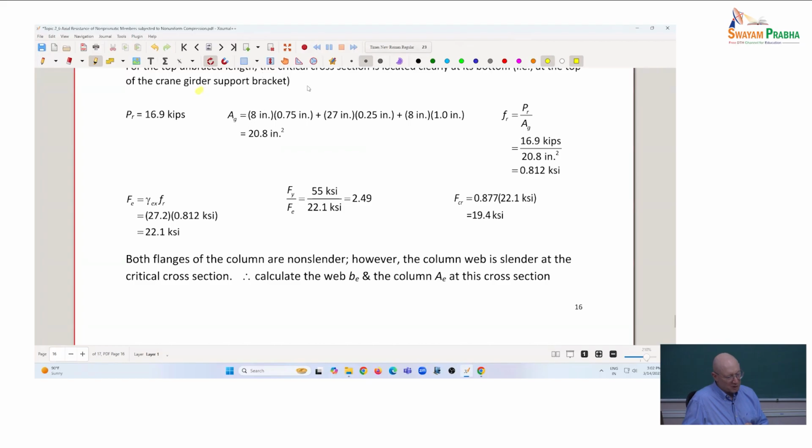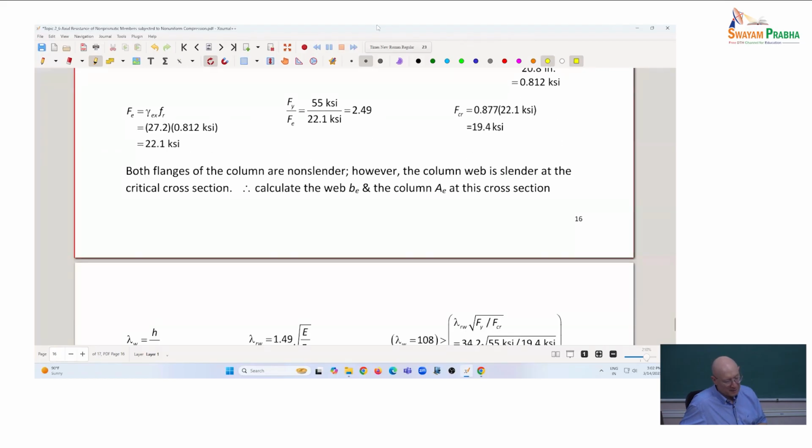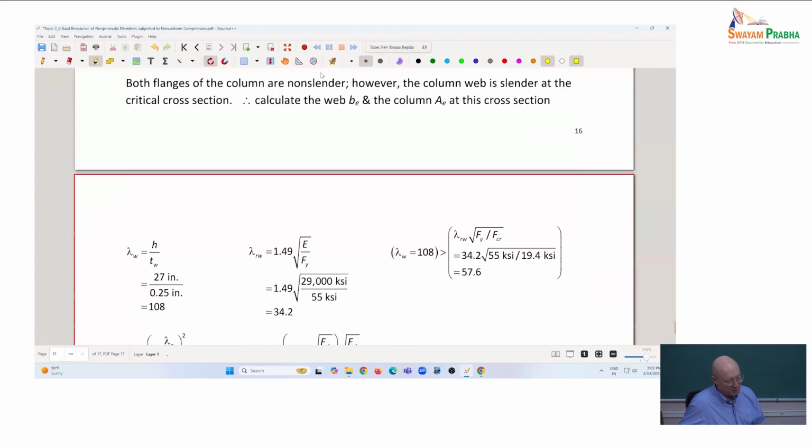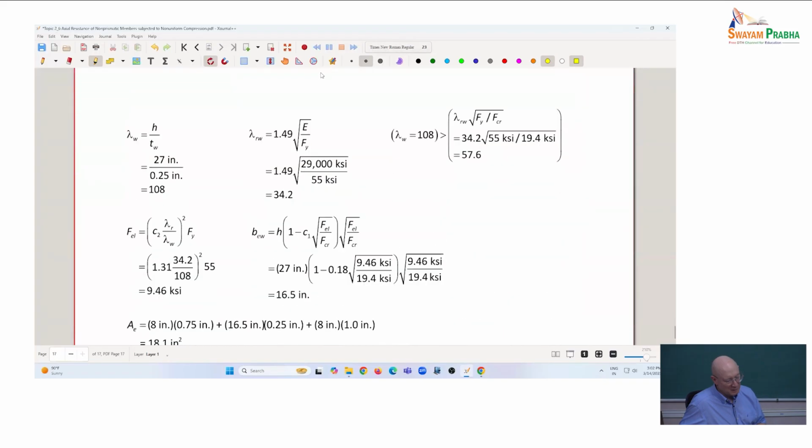Both flanges of the column are non-slender, but the web is slender at this critical cross section. And so we're going to calculate the effective area at this cross section. This is basically repeating what we did earlier. We have our lambda W of the web at this cross section.